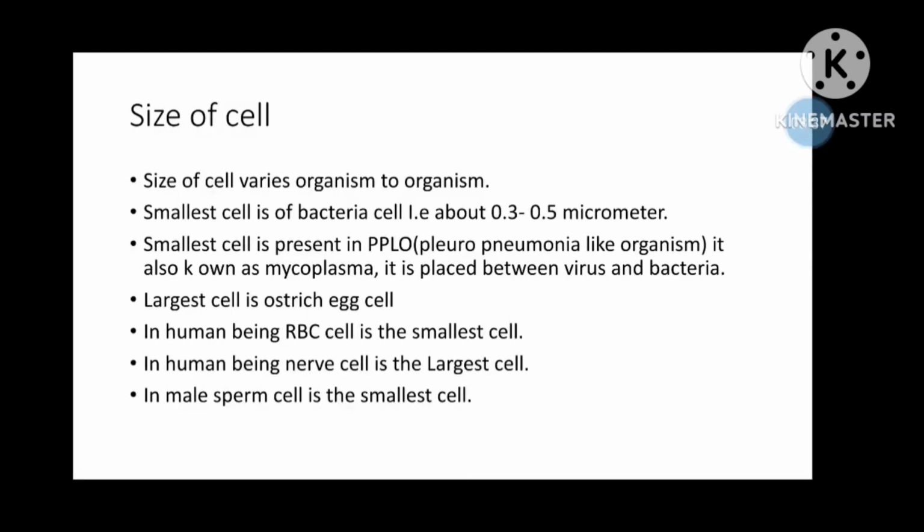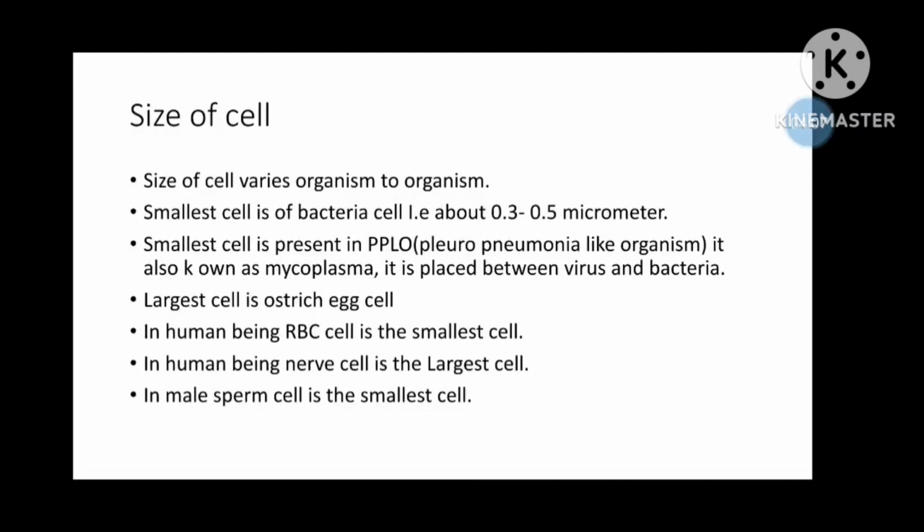But the smallest cell is present in PPLO, that is pleuropneumonia-like organism. It is also known as mycoplasma. It lies between virus and bacteria, and its size is about 0.1 micrometer. The largest cell is the ostrich cell. You know that the ostrich egg is the largest cell in this world.